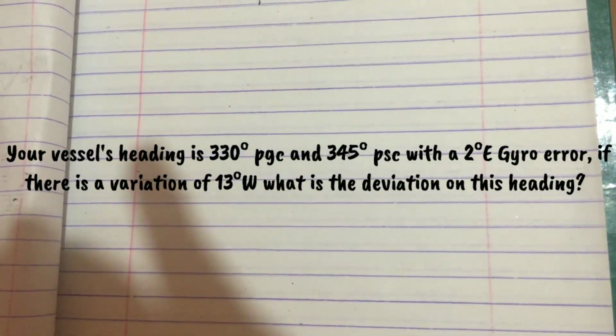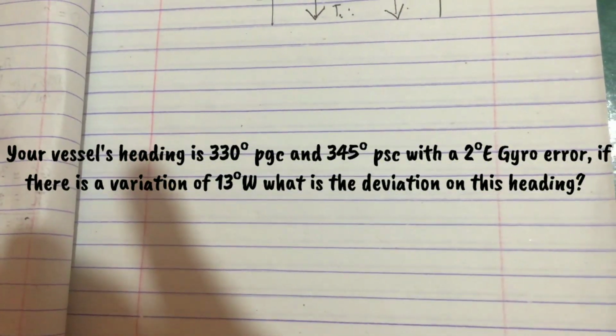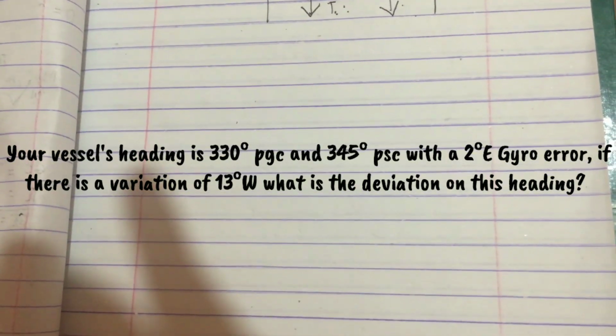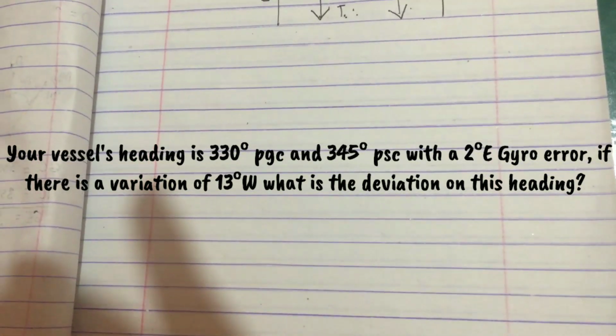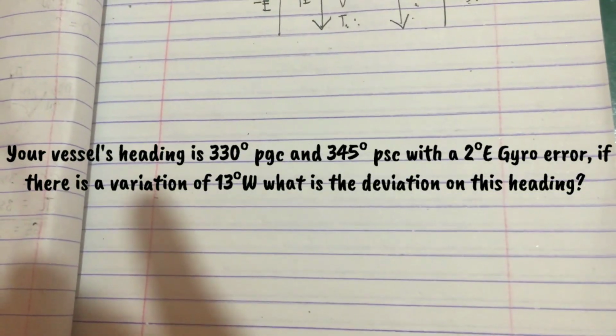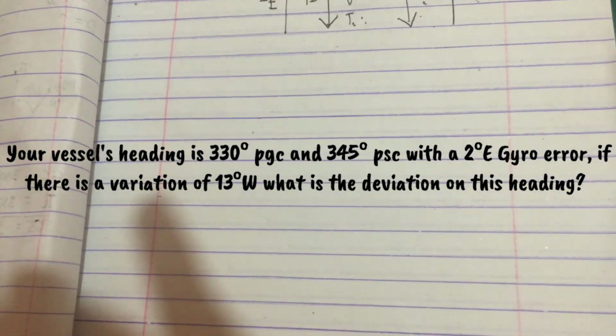Okay, so this time we will be solving a problem. The situation is your vessel's heading is 330 degrees per gyro compass and 345 degrees per ship's compass with a 2 degrees east gyro error.